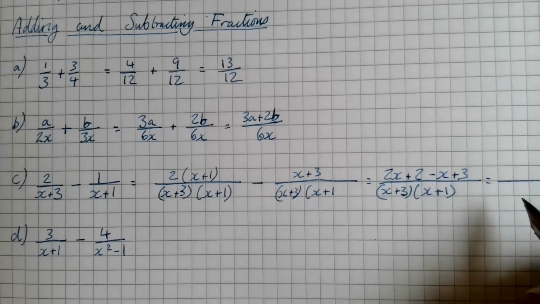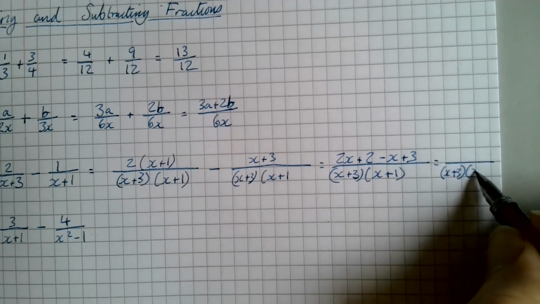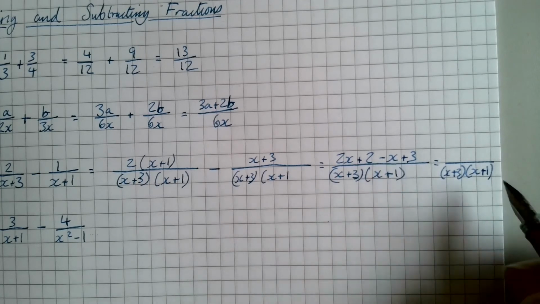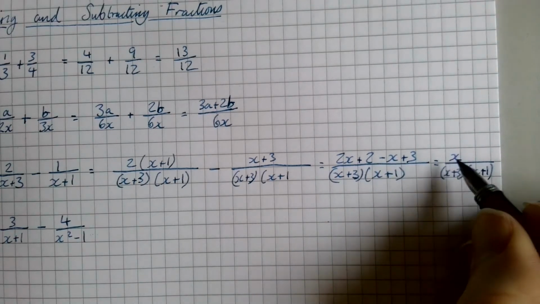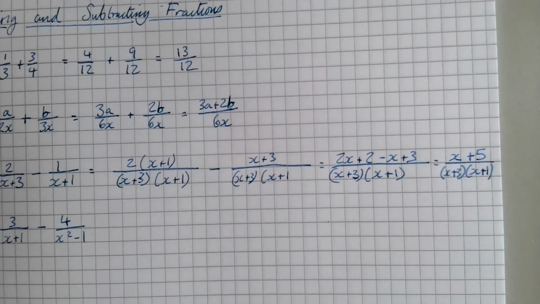So I'm just going to sneak on, I've just about got room on my page there, and 2x take 1x is 1x, and 2 plus 3 is 5, and that's as far as we can go there.